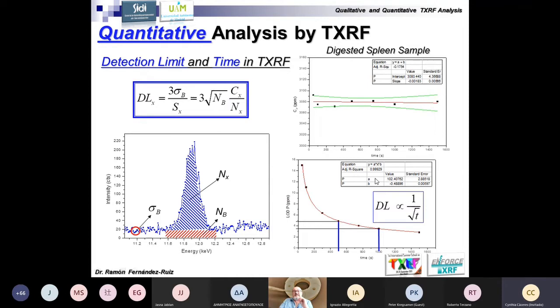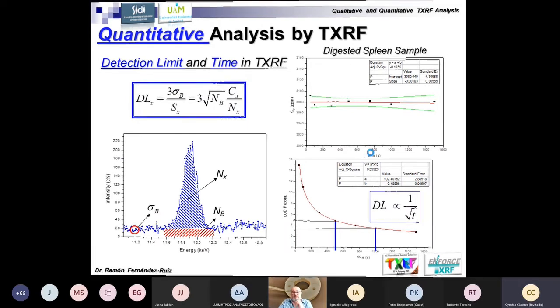This allows us to optimize the acquisition time of our spectra. In this case, it is clear that for times from 500 to 1000 seconds, the limit of detection does not vary significantly. Then this region can be considered adequate to obtain the best results with respect to this analytical parameter for this sample.